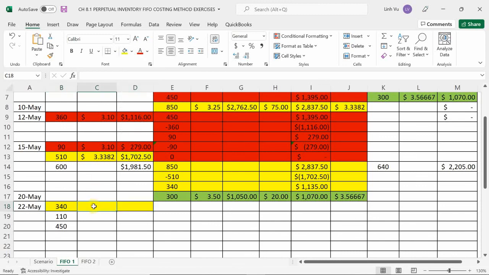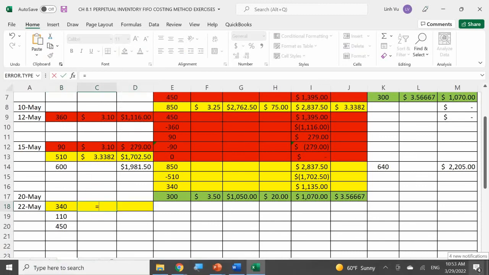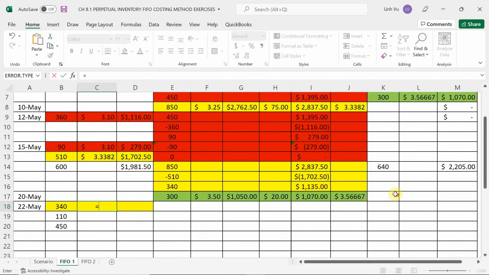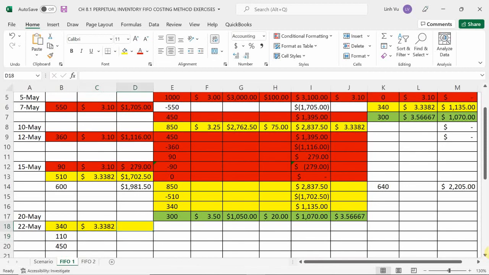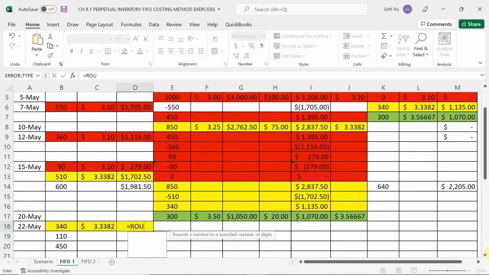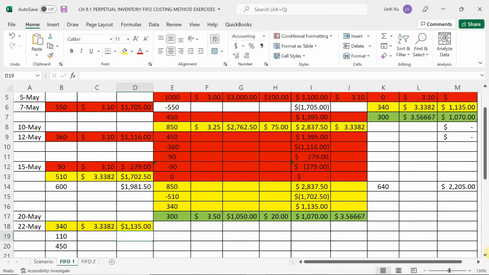And we know for a fact that my yellow batch of inventory is going to cost me $3.3382. And we know already what that total is going to be because we're going to get rid of all of it. So in this case, we already know it's going to cost me $1,135, right? Because here in my table, it's already calculated exactly like that.